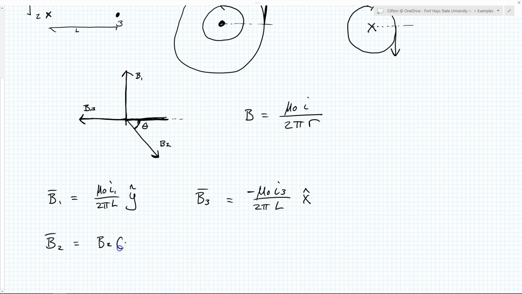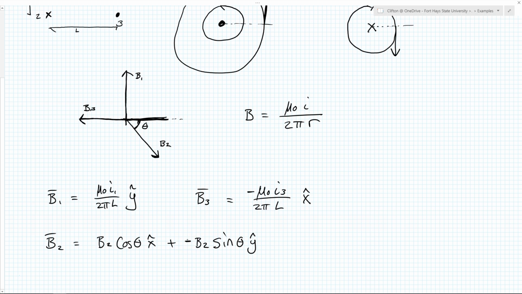So that would be cosine of that angle, times x hat, plus the magnetic field magnitude times sine of that angle, that would be y hat. But note that the vector here points down, so I need to put a negative sign for that y component.